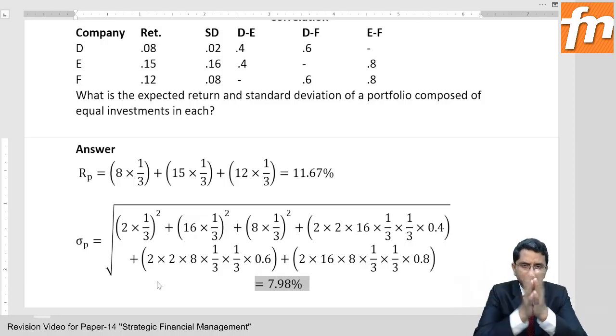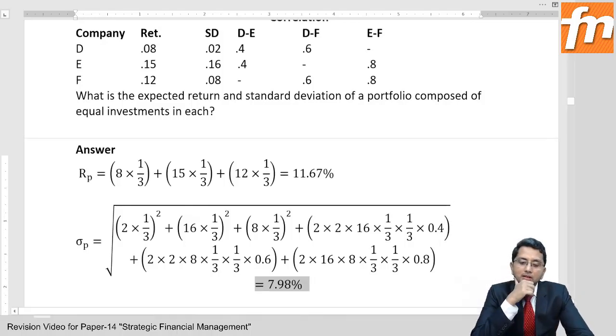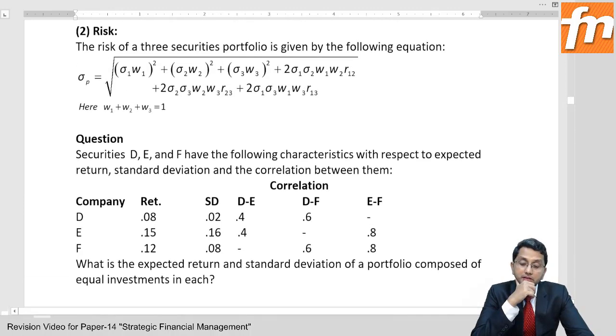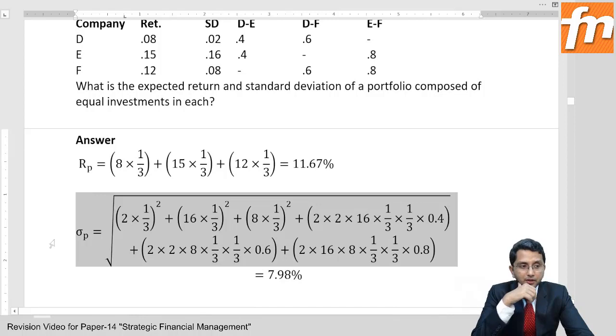Use Microsoft Excel in real life, not in examination. And thereafter, once you do it, choose the minimum risk portfolio. So this 3 securities portfolio risk is so complicated. What about the 4 securities?